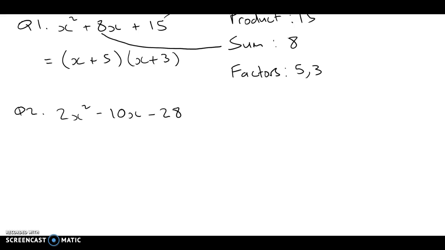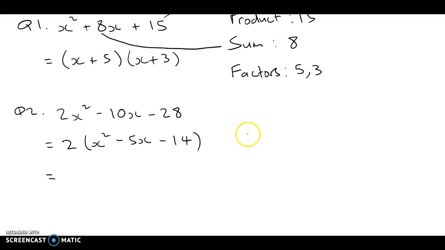You'll notice that this one at the moment is not a monic quadratic, but hopefully you recall that our first step whenever we are factorising an expression is to take out a common factor if possible. In the first example we didn't have a common factor, but in this example we do. We can take out the 2. So we'll have 2 outside of x squared minus 5x minus 14.